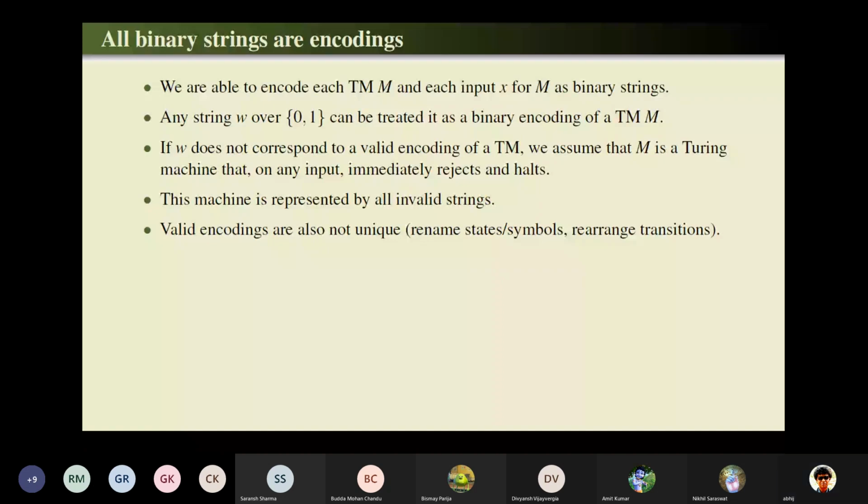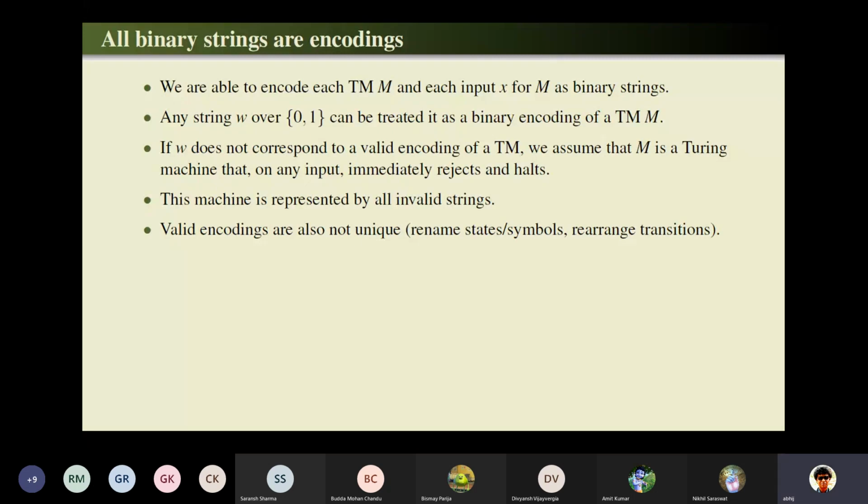So for a given Turing machine, there are multiple valid encodings. Again, this will not matter. Uniqueness of encodings is not needed in the so-called diagonalization proof that we are going to see shortly. The important thing is that any Turing machine can be encoded in the form of a binary string.